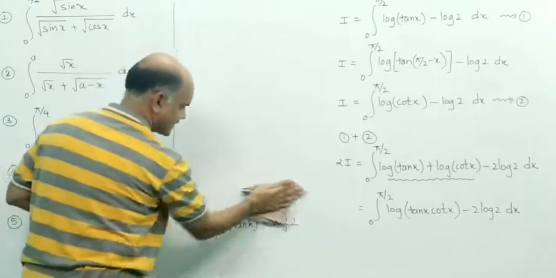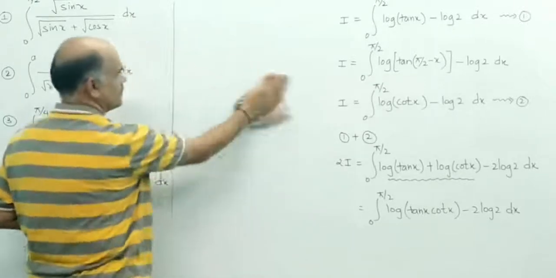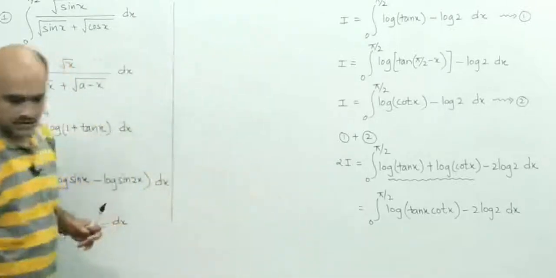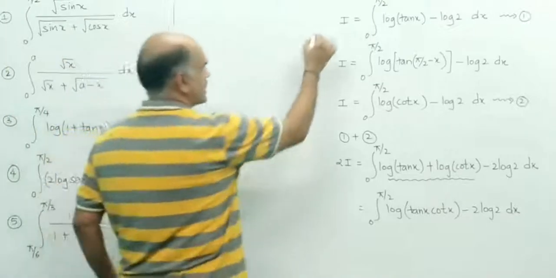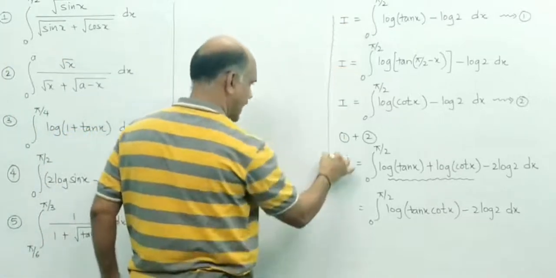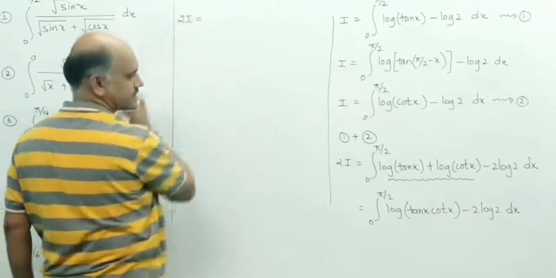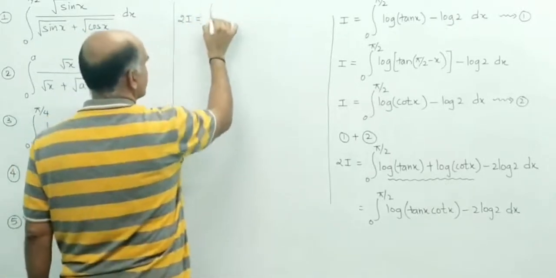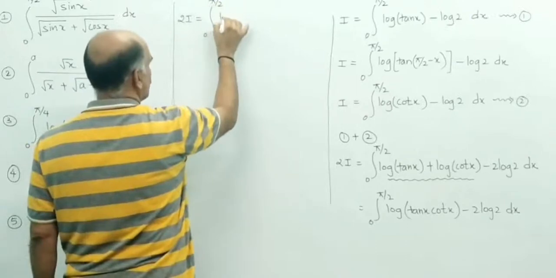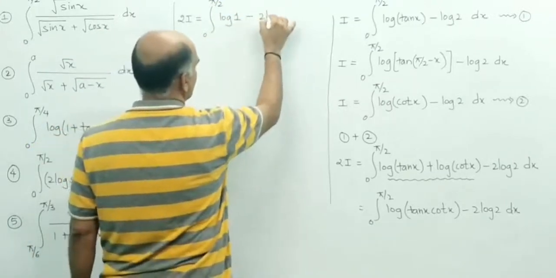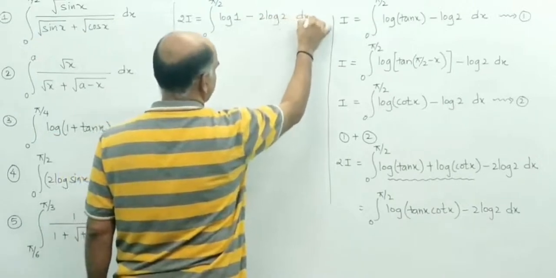So if I substitute those values and simplify, tan and cot get cancelled, you will have 2I is equal to 0 to pi by 2 of log 1 minus 2 log 2 dx.